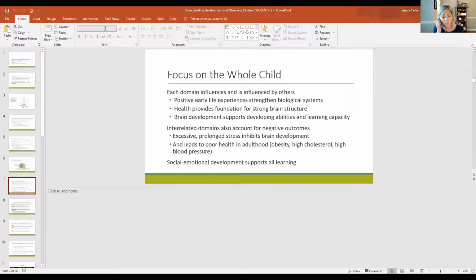And then it's really important to point out that social and emotional development supports all learning, because children first and foremost need to feel safe and secure before they can focus their attention on learning. I showed you guys a visual of Maslow's hierarchy of needs.